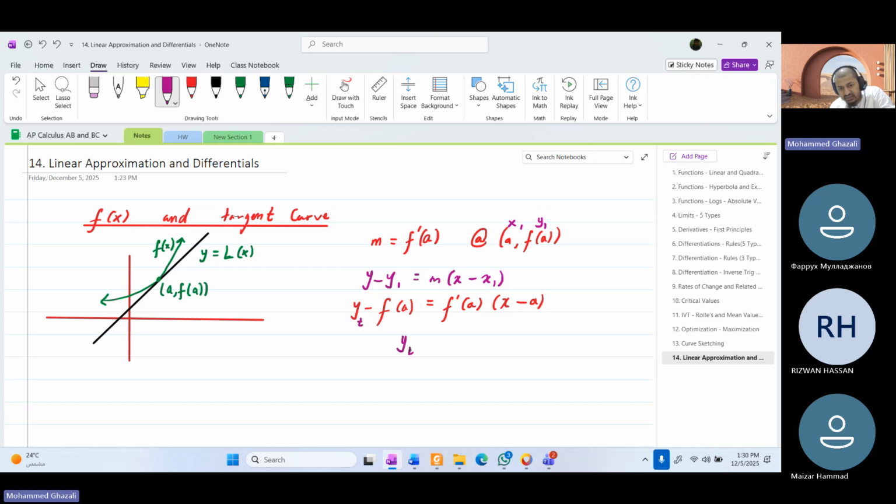We say yt, the equation of the tangent line, is f of a, taking this f of a across, plus f prime a into x minus a. And this you can clearly see is a linear function. So we call this the linearization. It's a function in x. f of a and f prime a are values.